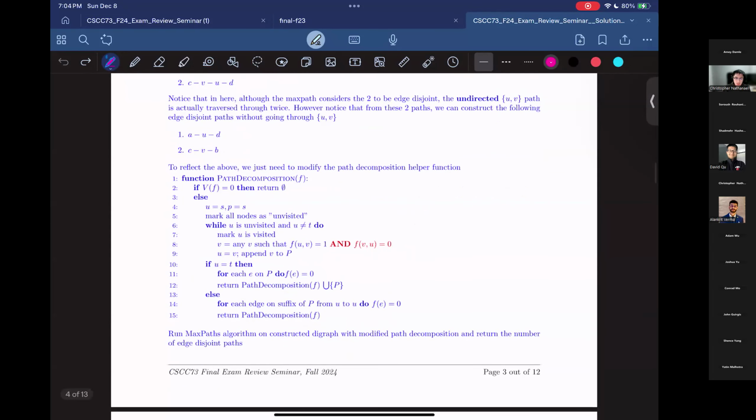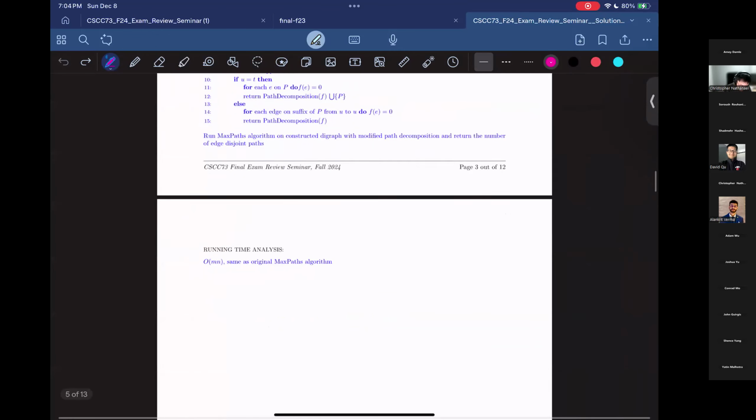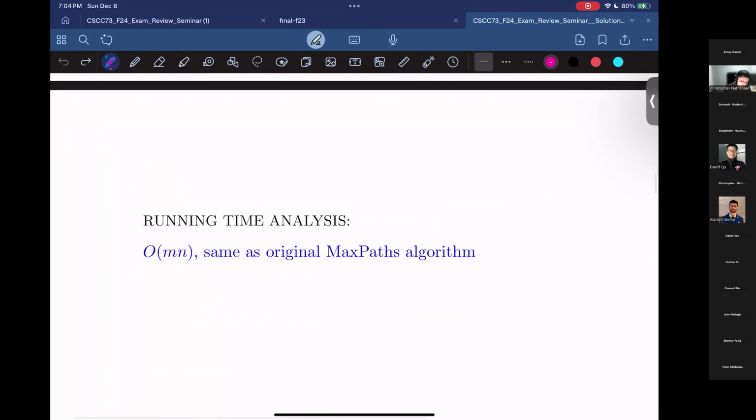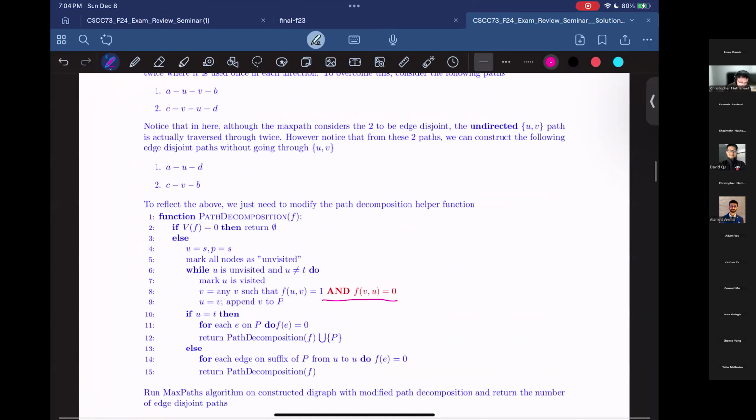Most likely, if this is a question in an exam, they'll give you this and ask you to modify the previous Bellman-Ford problem to work on undirected graphs. The runtime is O(mn), same as the original MaxPaths algorithm. Adding an additional constraint over here wouldn't change anything.